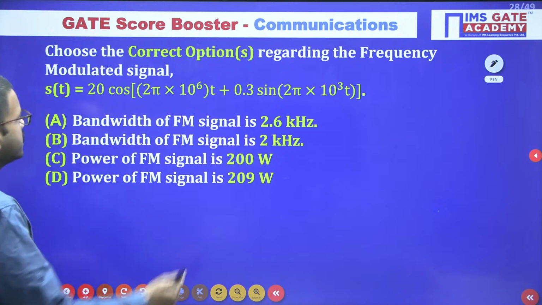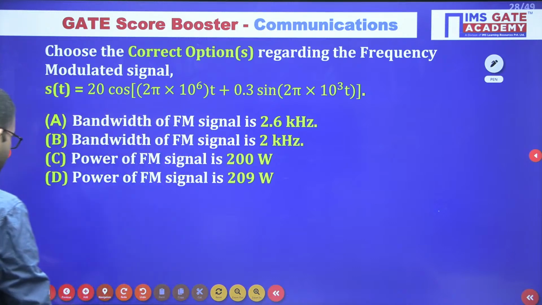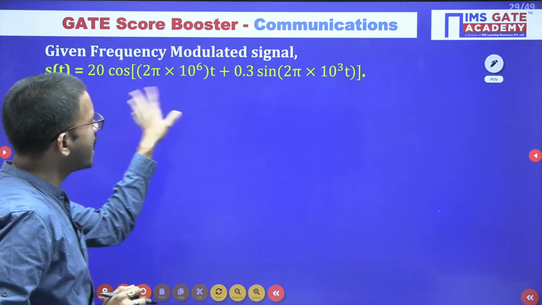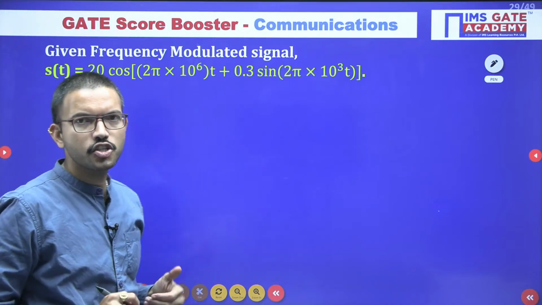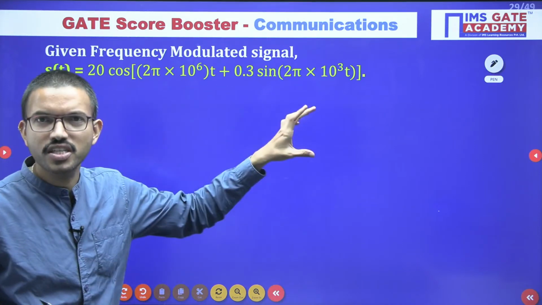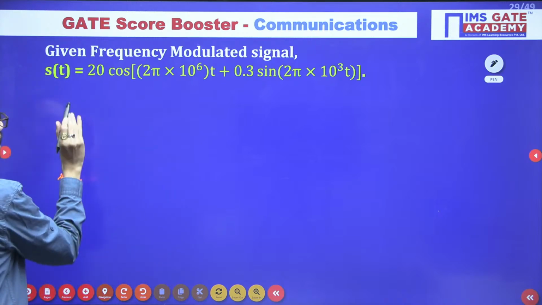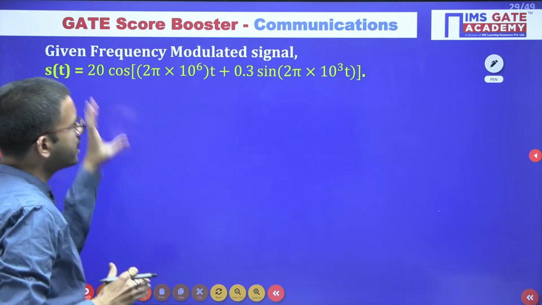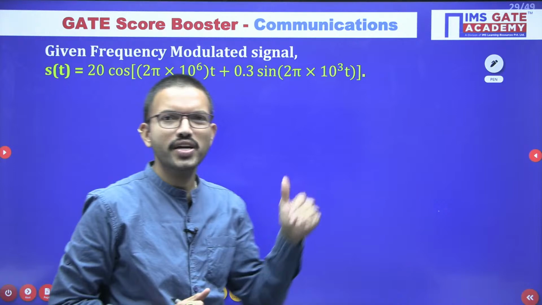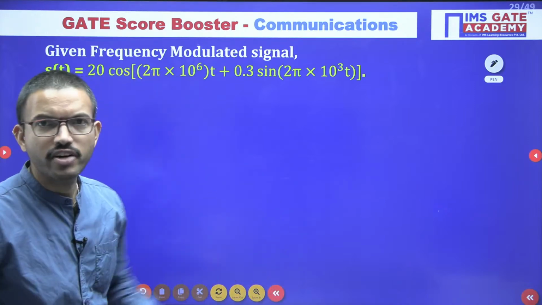Okay. Right. See here, they have given one FM signal like this. Since we have a similar format in the earlier question also, I am not writing the standard equation. Directly you can just compare the given equation with the standard equation, and from there you can write directly the parameter values.